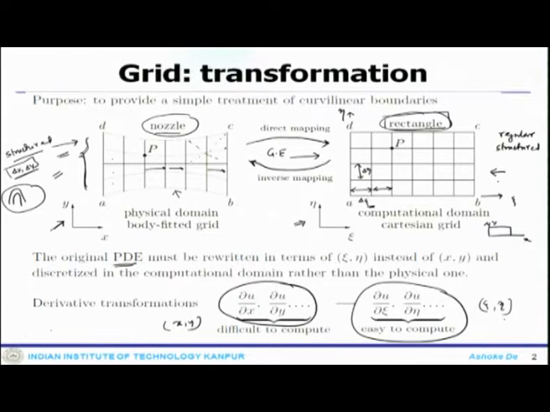So, not only the transformation of the grid is required, I have to map my equation system to this mapped system, and while doing that, I need to transform my derivatives. Once I do that, I can solve my problem in this mapped domain and then do the inverse mapping to get back to the physical problem of interest.